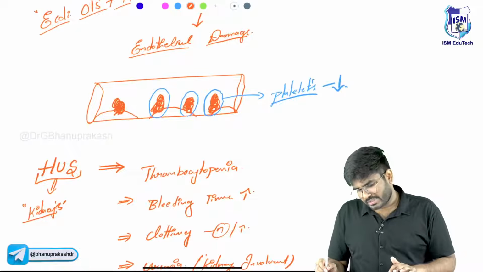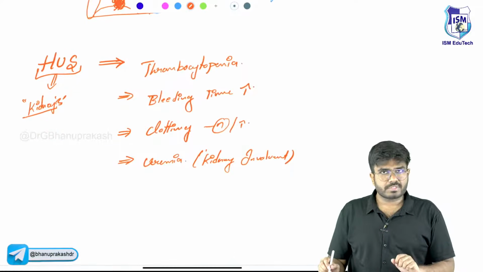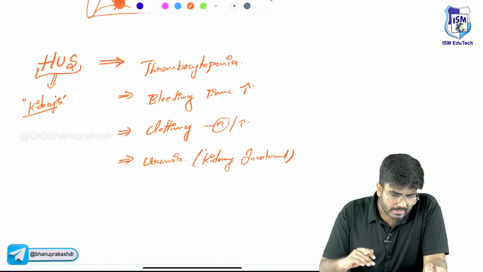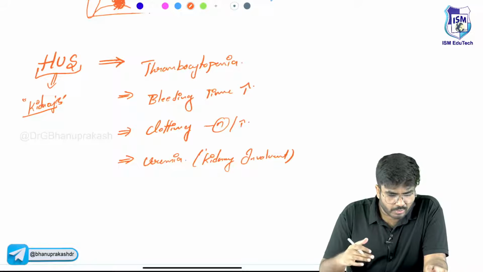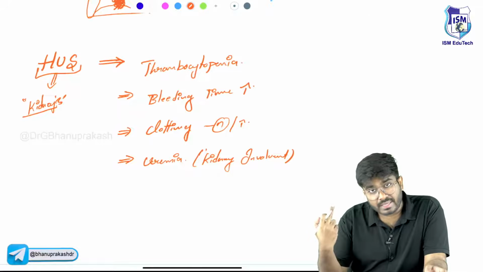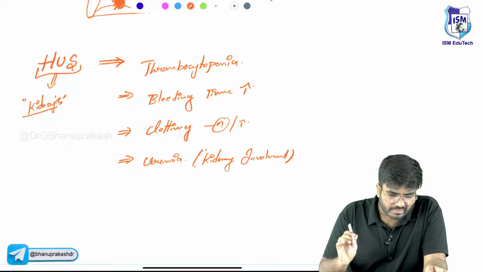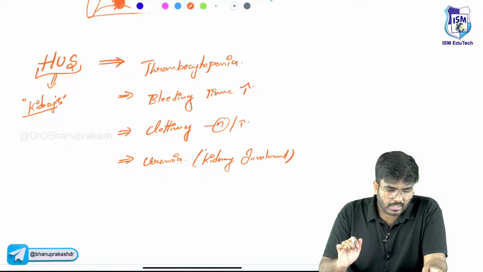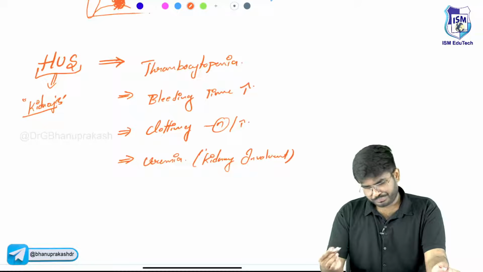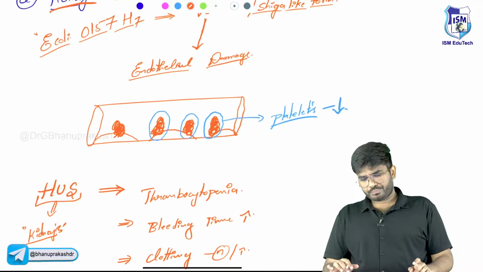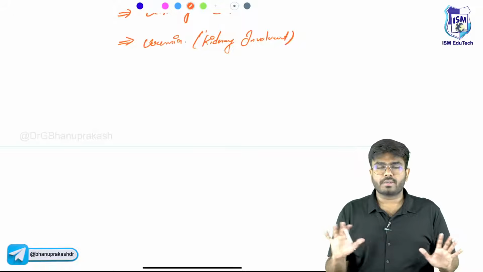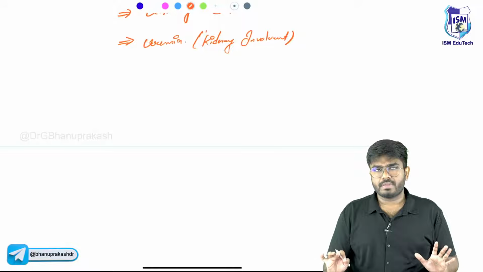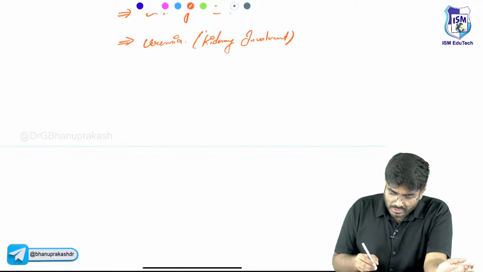Hemolytic uremic syndrome: uremic symptoms, kidney-related problems. So the patient will have renal insufficiency in HUS, and CNS abnormalities in TTP. Now, after this, what we have to do is the qualitative problems. Quantitative problems are completed, where the bleeding time increases. Qualitative problems now.